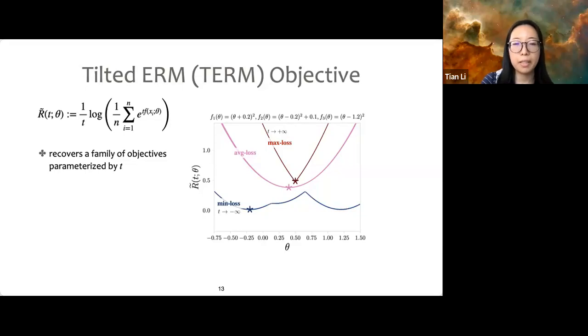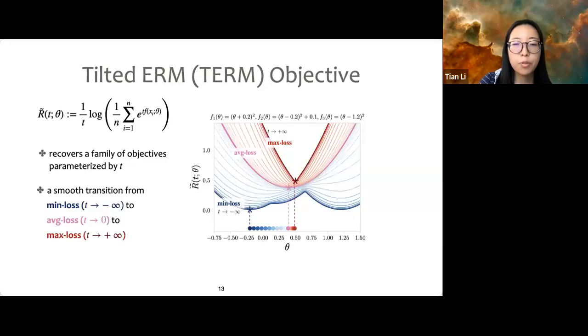I'm showing the max loss, average loss, and min loss on this toy problem with only 3 data points. And the loss functions are shown in the title of this figure. For intermediate values of t between negative infinity and positive infinity, TERM provides a smooth transition between min loss to average loss and to max loss.